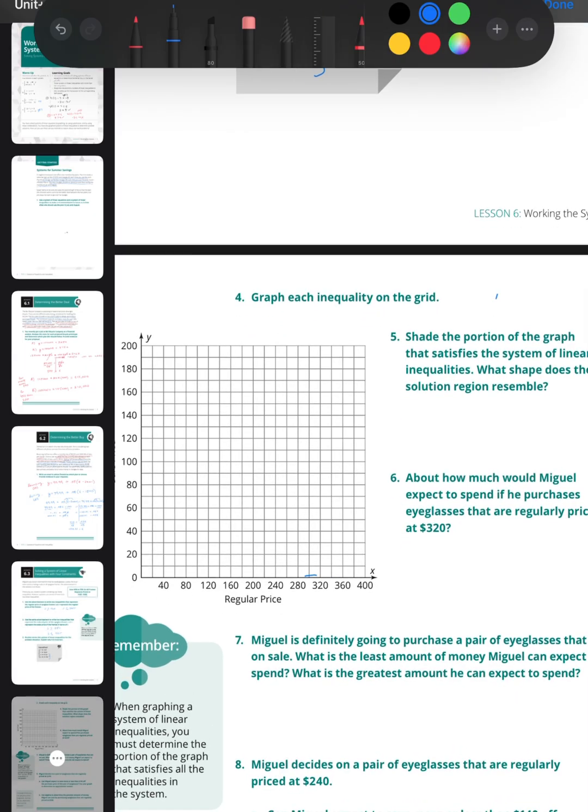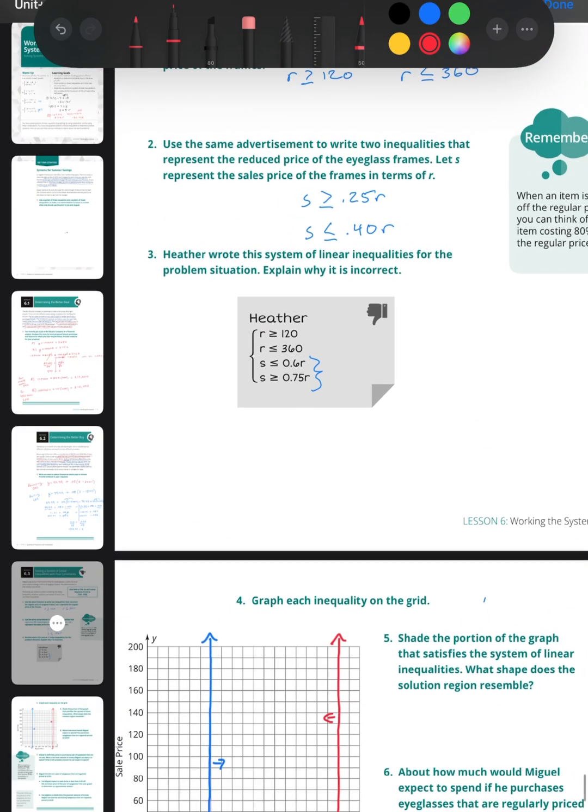We've got vertical lines, because we're going through the x-axis, the regular price. Greater than or equal to 120, so we are on the right side of that line, and we are less than or equal to 360, so we're on the left side of that line if we're less than. So there's our first two.